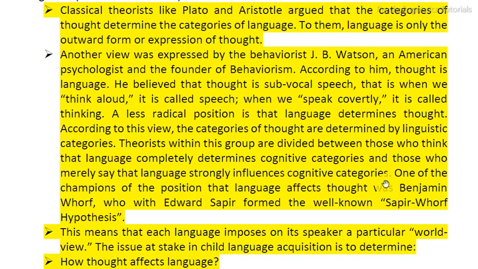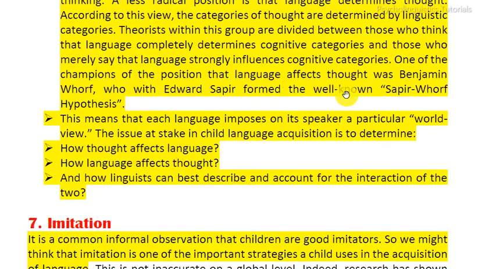One of the champions of the position that language affects thought was Benjamin Whorf and Edward Sapir. They formed a well known hypothesis called the Sapir-Whorf hypothesis. According to the Sapir-Whorf hypothesis, language imposes on its speakers a particular world view.